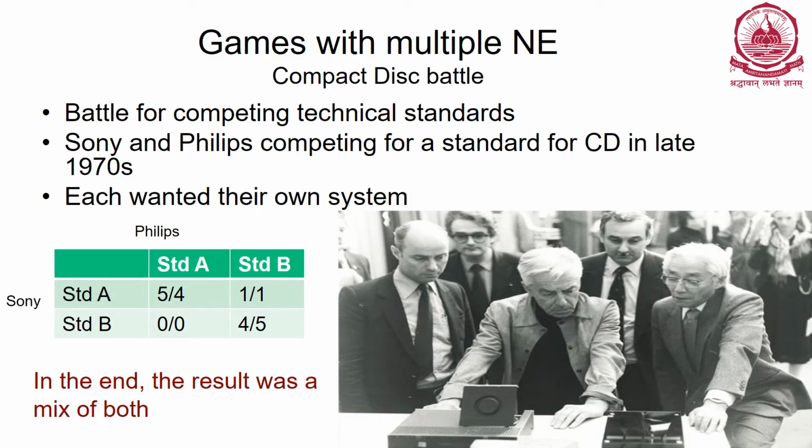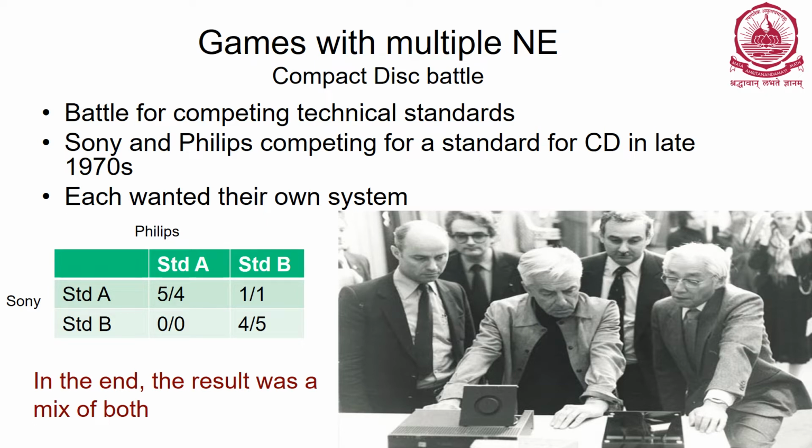Let's take another example, an old classic economics or business example called the compact disc battle. So there was a battle for competing technical standards where Sony and Philips, who were the leaders of compact disc, were competing for a standard in the late 1970s. Each wanted their own system.